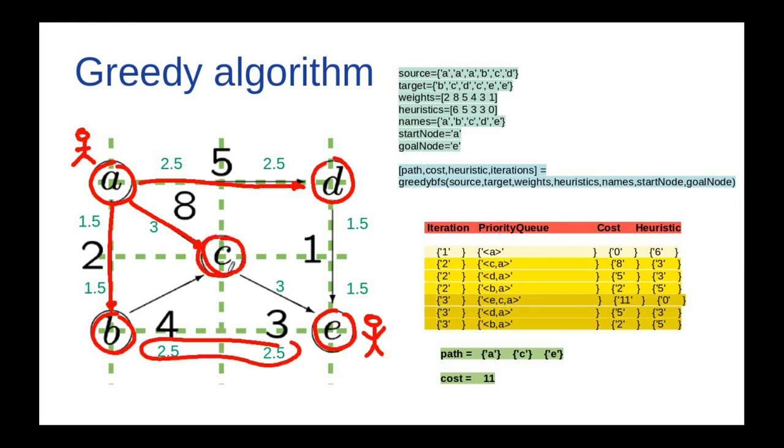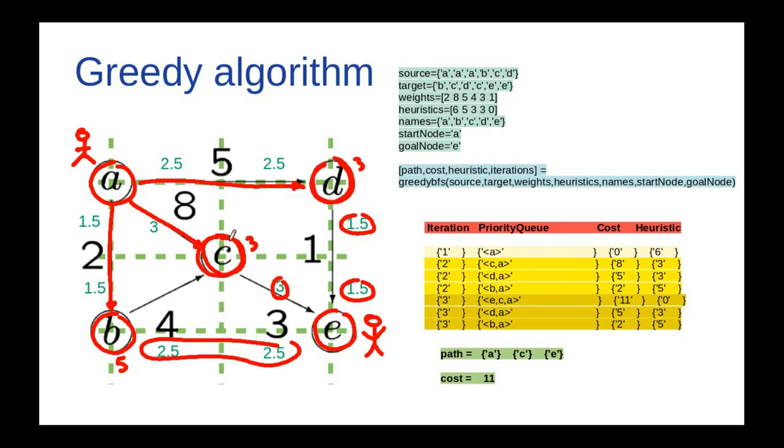The heuristic of C is 3, because it has a heuristic of 3 from E. And finally, we have D, and D also has a heuristic of 3, because it's 1.5 plus 1.5. So at the end, we have a tie, because here is a 5, here is a 3, and a 3. So we can decide about C or D, either.